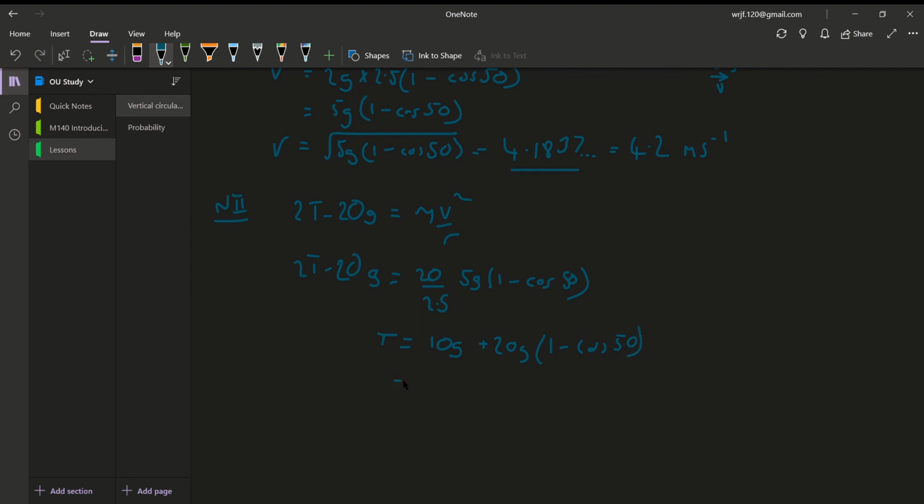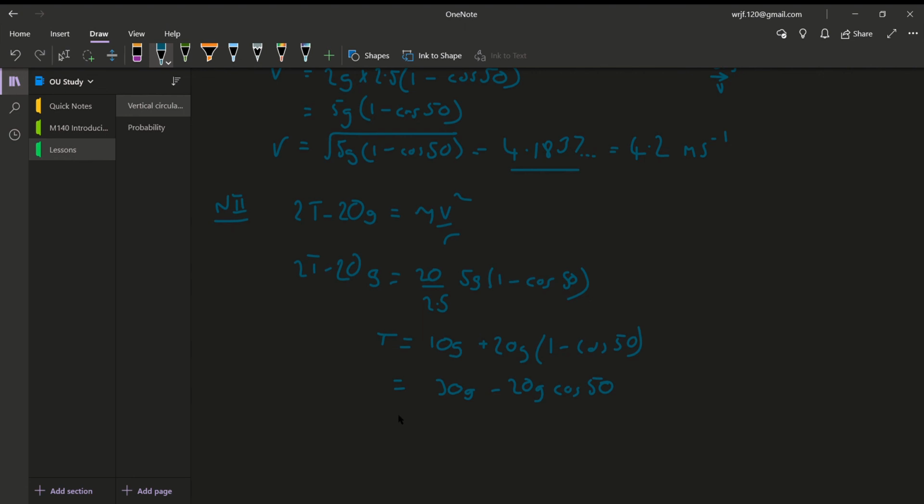We could just tidy it up a little bit. I suppose we've got a 10g and then we've got a 20g times 1 in here, haven't we? So we could just have this as 30g, and then we'd have minus 20g cos 50. Or, leave it factorized if you prefer, have it as 10g brackets 3 minus 2 cos 50, whichever you think is the most efficient way to do that calculation.